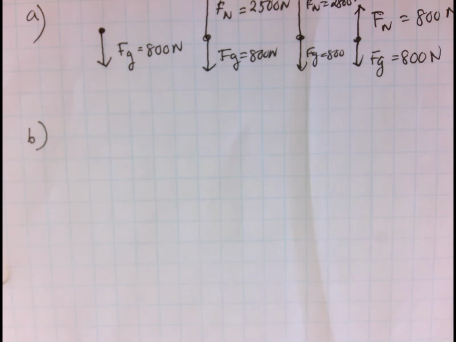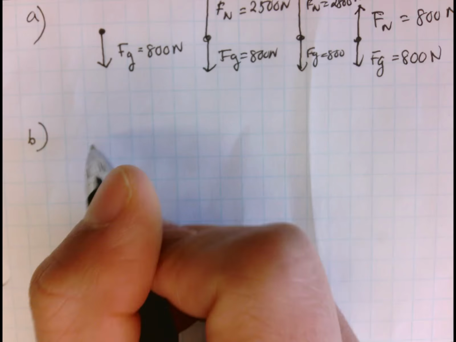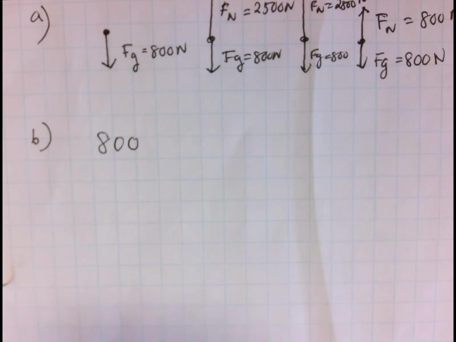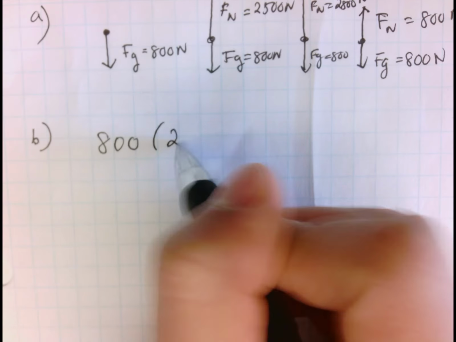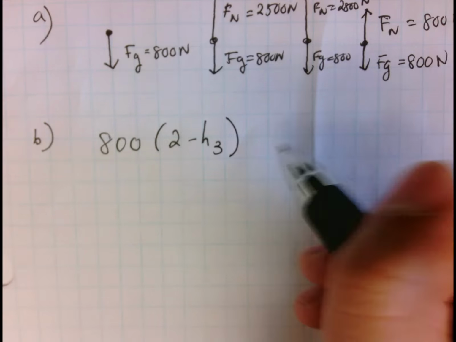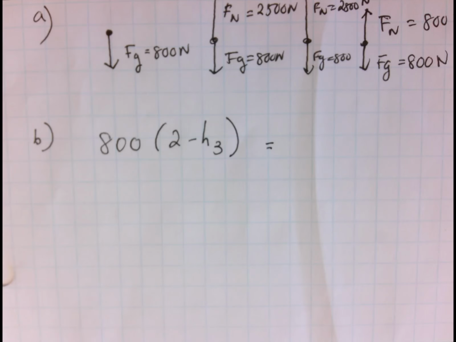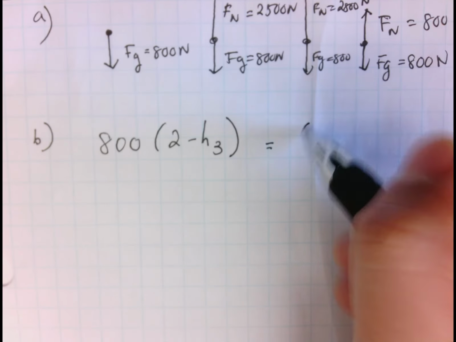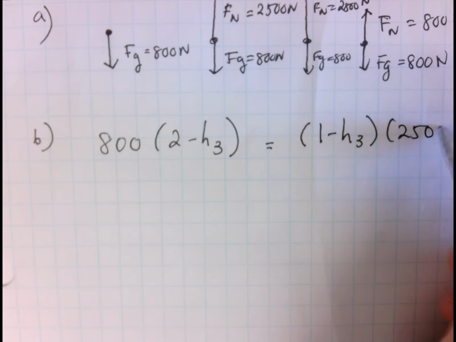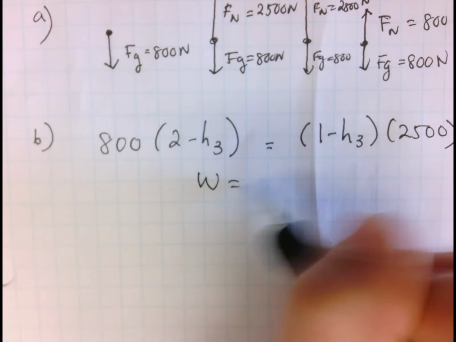The work done by gravity is going to be the force, which is 800, times the distance, which is 2 minus h3, and that's equal to the work done by the normal force, which is 1 minus h3 times 2,500, which is the force, because we know work is equal to force times distance.